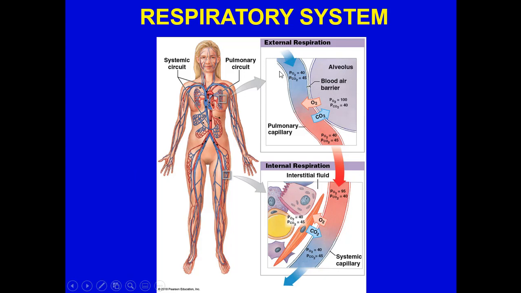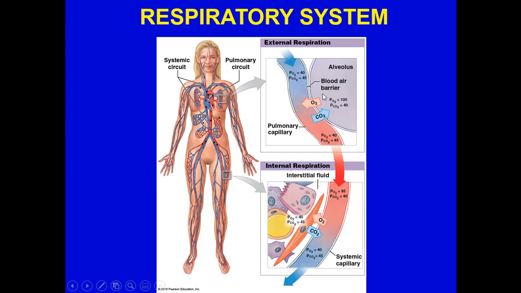In external respiration, you have the blood coming in to the gas exchange here, the blood-air barrier. Oxygen is at 40, carbon dioxide is at 45. In the alveolus, the oxygen level is much higher at 100. The PCO2 is at 40. Greater amount of carbon dioxide, so it's going to go from the pulmonary capillary to the alveolus.